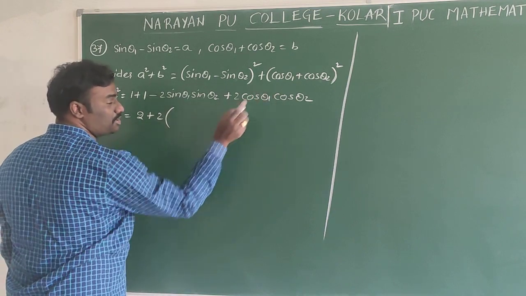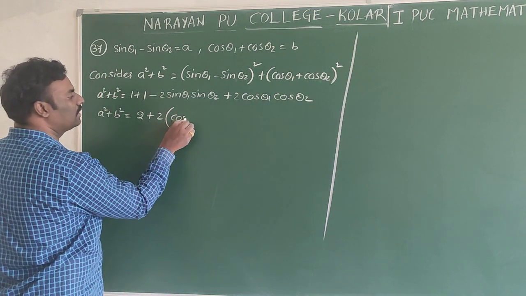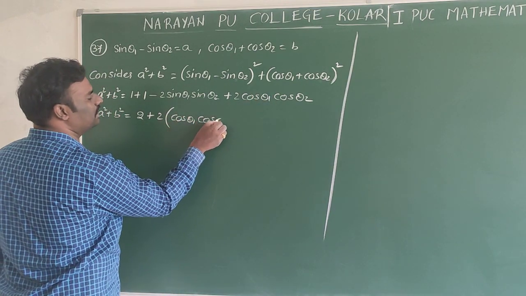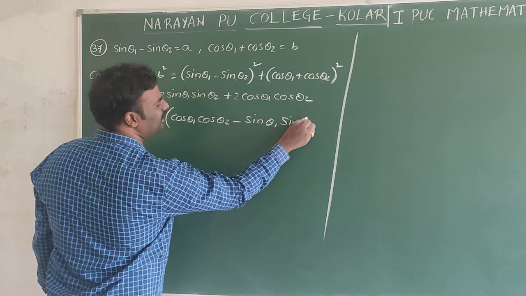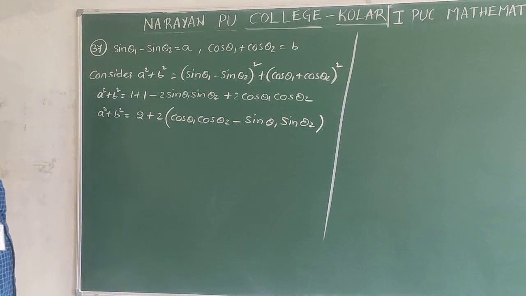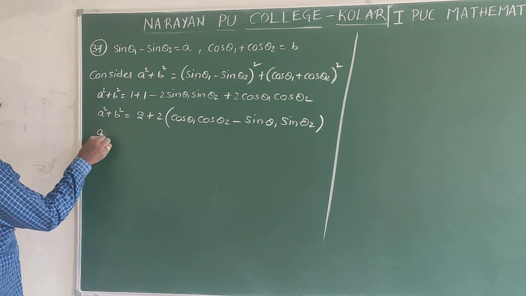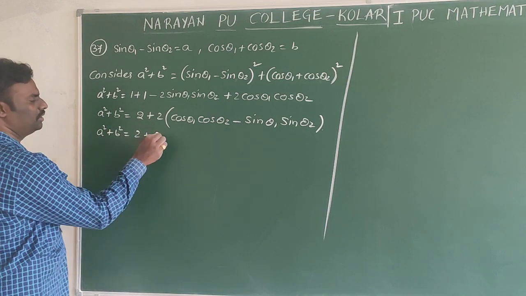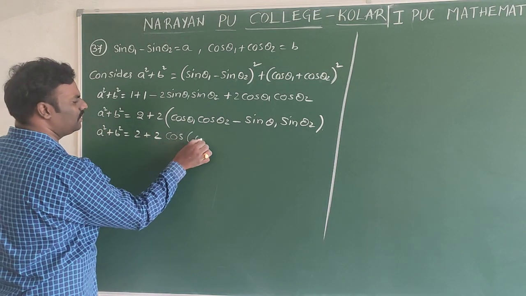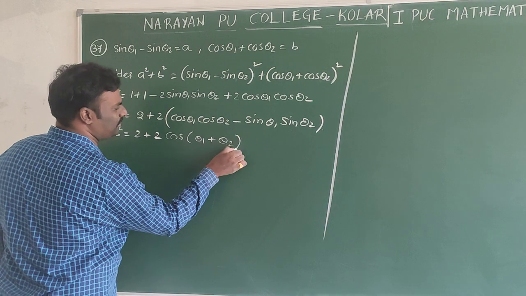First I am taking positive value: cos theta 1 cos theta 2 minus sin theta 1 sin theta 2, that is cos A cos B minus sin A sin B. A square plus B square equals 2 plus 2 into cos of (theta 1 plus theta 2).